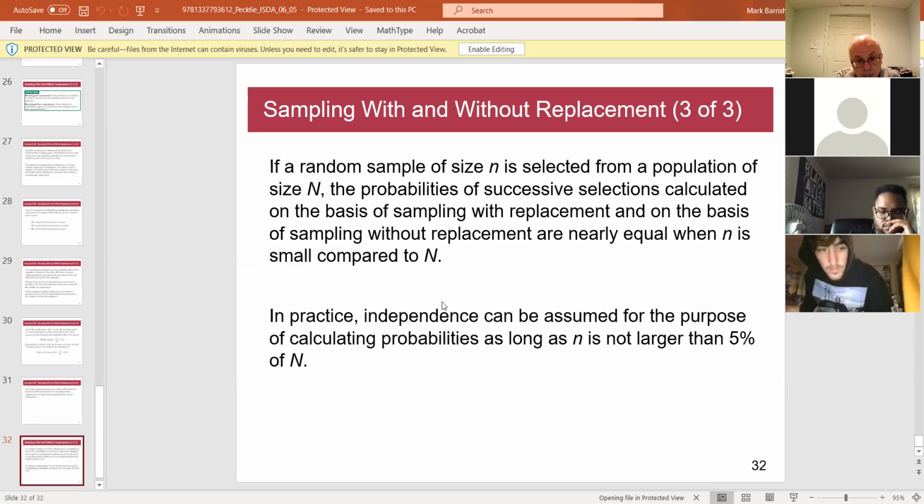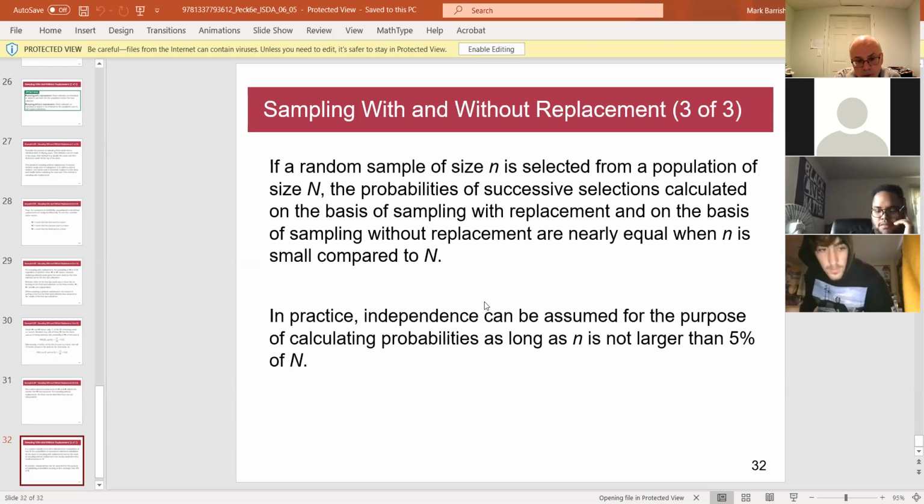The probabilities are not going to change very much if we simply survey people and then not put them back into the population to be sampled again. So we can do surveys, we can do sampling, and we can assume independence, assume sampling with replacement, because the probabilities are not going to change very much. We can just make those assumptions.